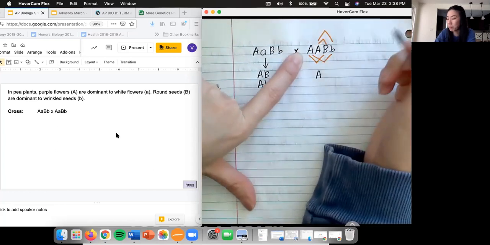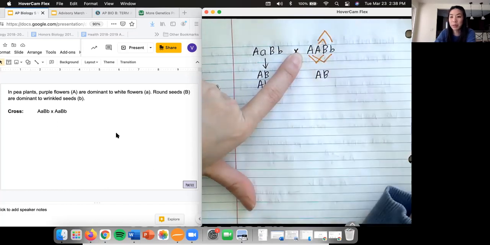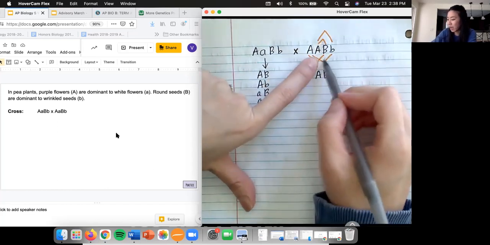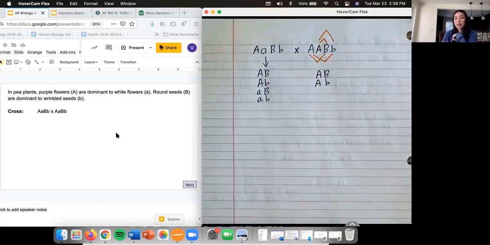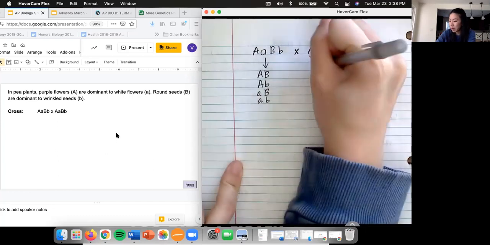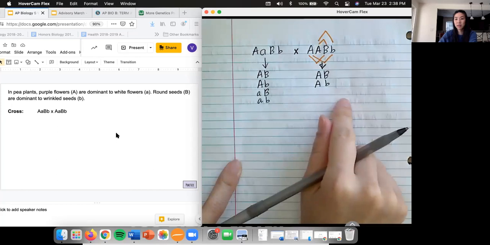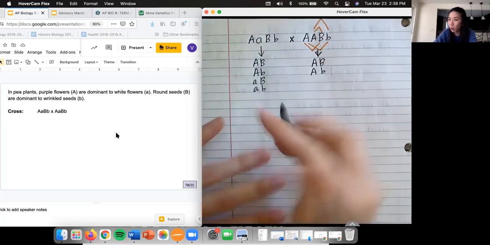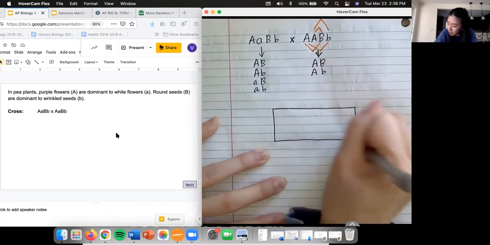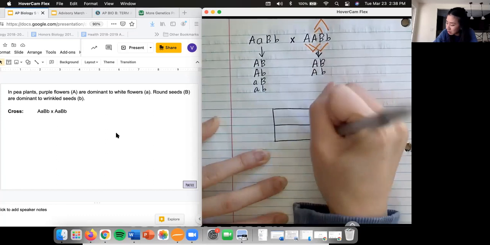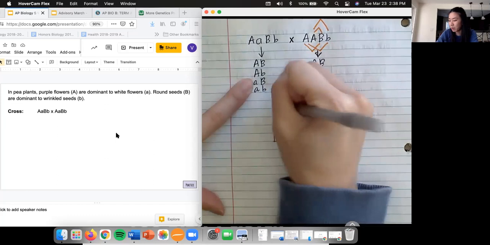You don't have to do all four. So it'd be big A, big B. There's two of those, so you don't have to write both. And the other option is big A and little b. So in this case, the gametes that are produced by the second parent, there's just two right here. All right, so when you do your Punnett square, you don't have to do a whole big 16-box Punnett square. You could just do a smaller version. So across the top, you have the gametes here.